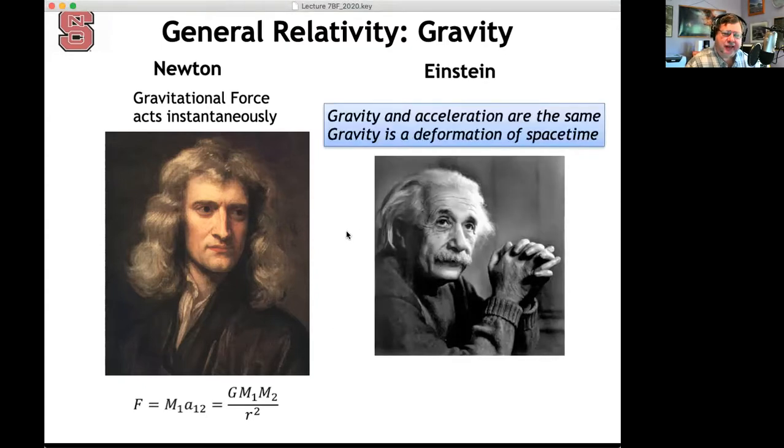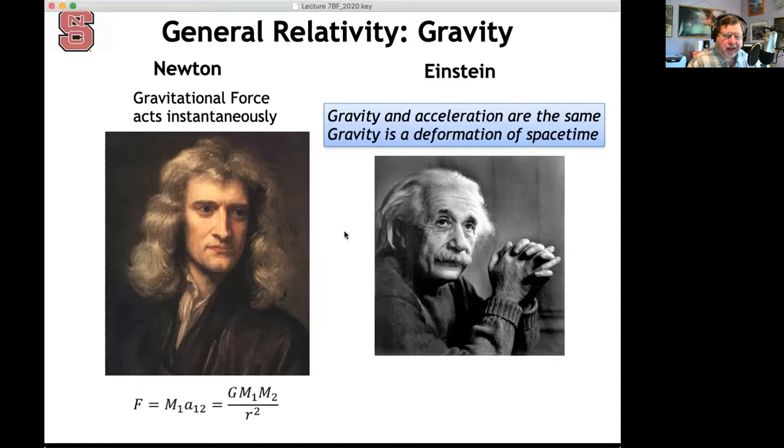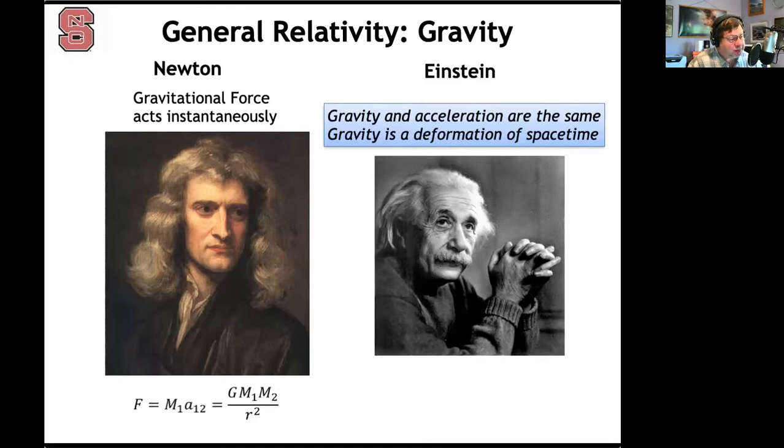Einstein said that gravity and acceleration are one and the same, and gravity is a deformation of the structure of the universe, which we call space-time. And we haven't talked about that, but as it warps space, it also warps time. And if you think that's hard to think about, that's why we spend years studying general relativity, and why until recently, when general relativity became a hot subject, it was kind of a backwater because it was so mathematically and conceptually difficult.